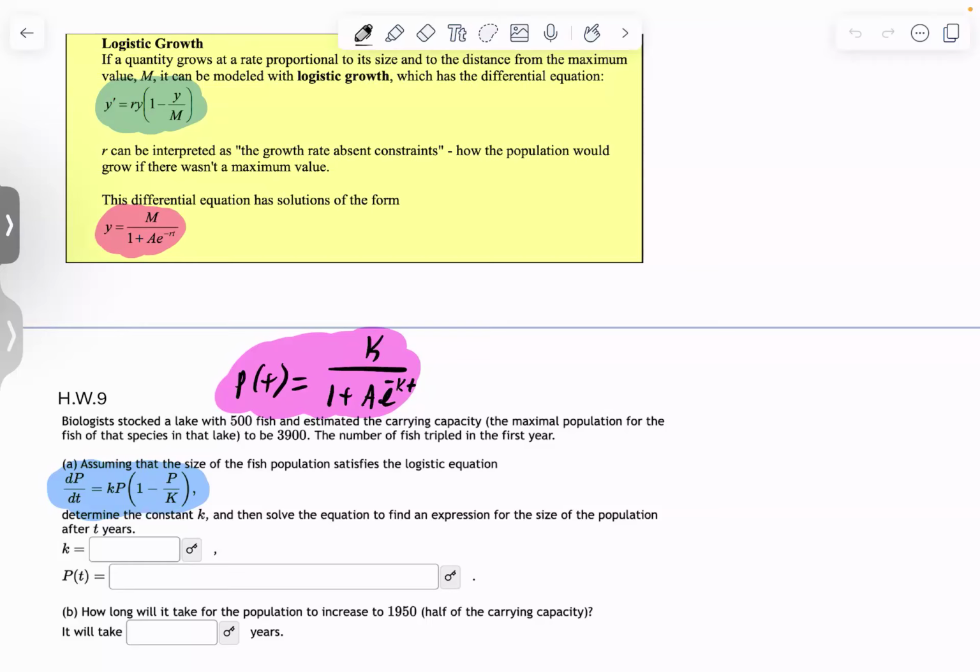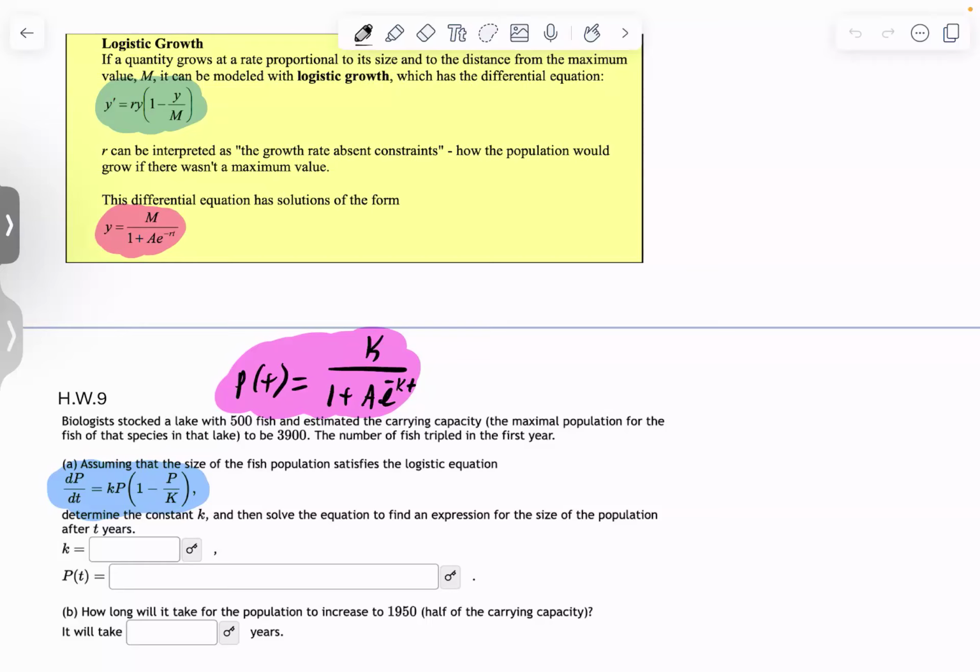But instead of y, they're using p. Instead of capital M, they are using a capital K. So I translated the, looks kind of pinkish with the yellow, and then the pink down below is the translation. Now I'm going to use our pink. So I'm going to use what they have in the actual problem here to do this problem.